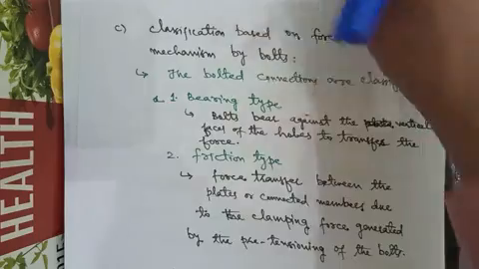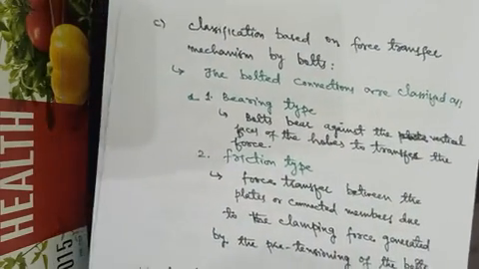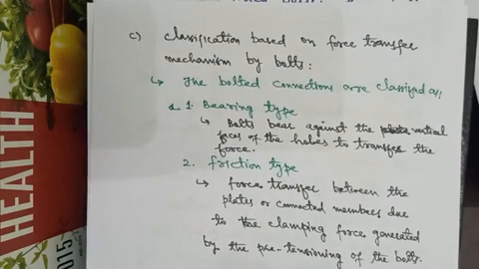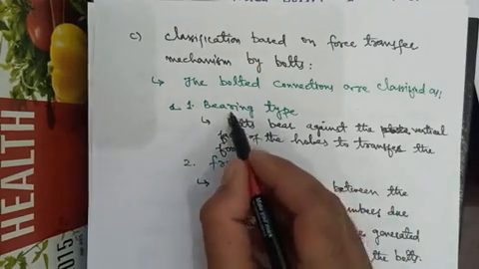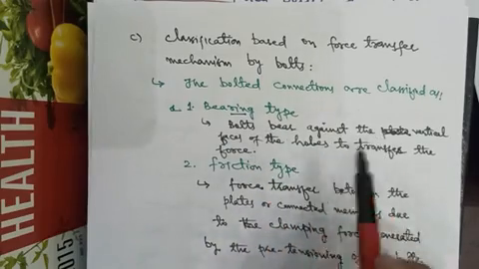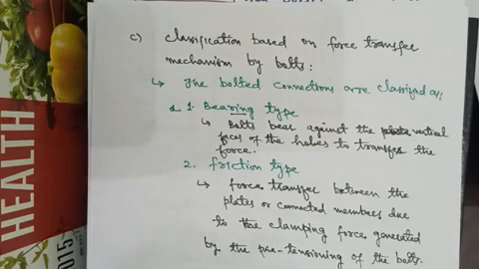Now we have another classification based on the force transfer mechanism by bolts. The bolted connections are classified as bearing type, in which case bolts bear against the vertical faces of the holes to transfer the force.